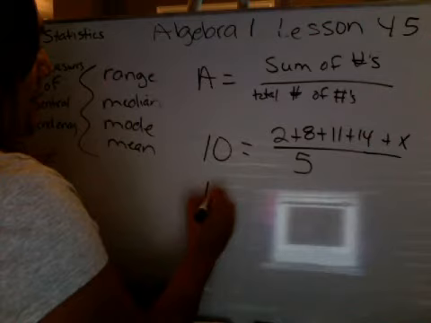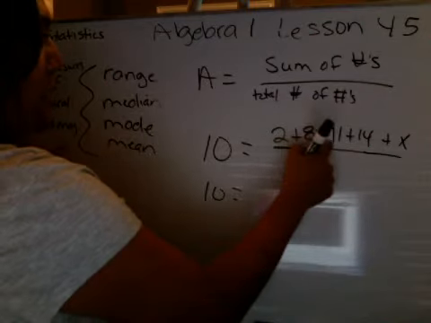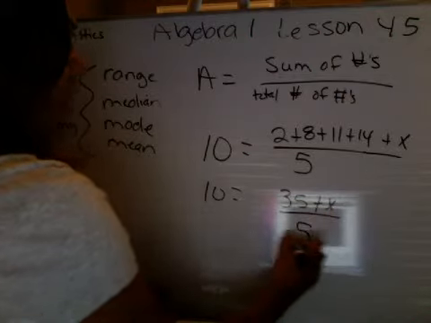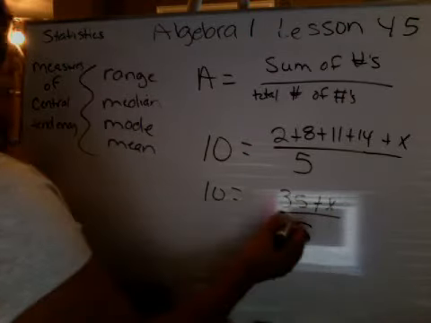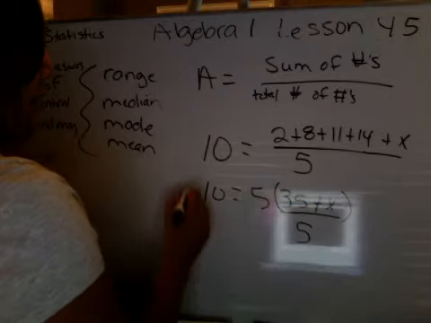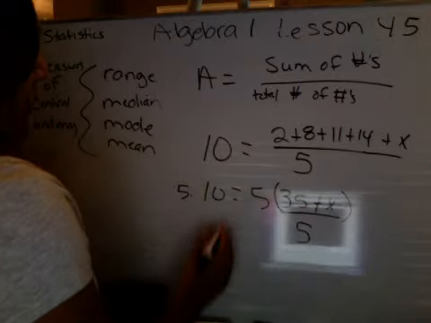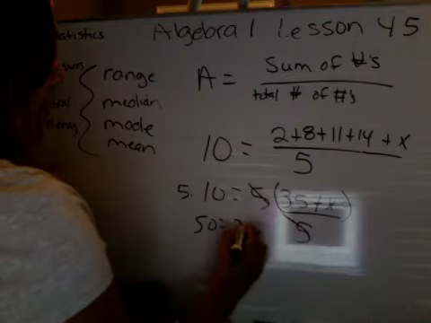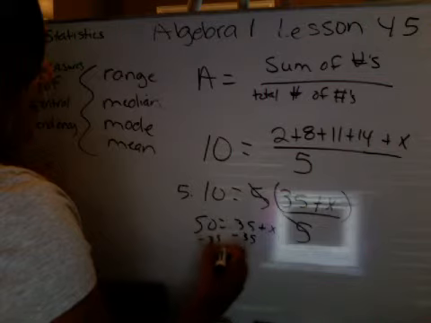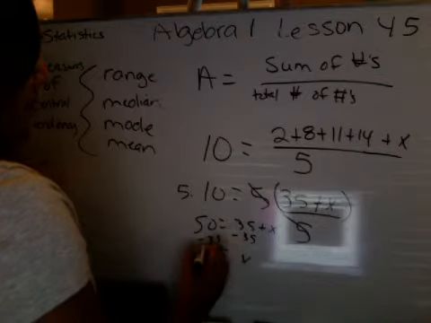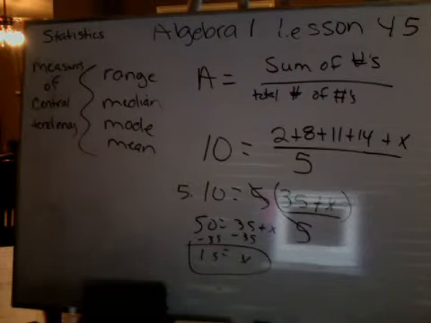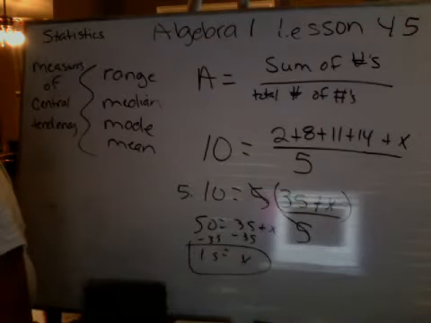So 10 equals 35 plus X over 5. Well, the first thing we have to do is get rid of this 5. So we multiply both sides by 5. So we get 50 equals 35 plus X. We subtract 35. X equals 15. And how do we check that? We put it back in here, and it should work out.